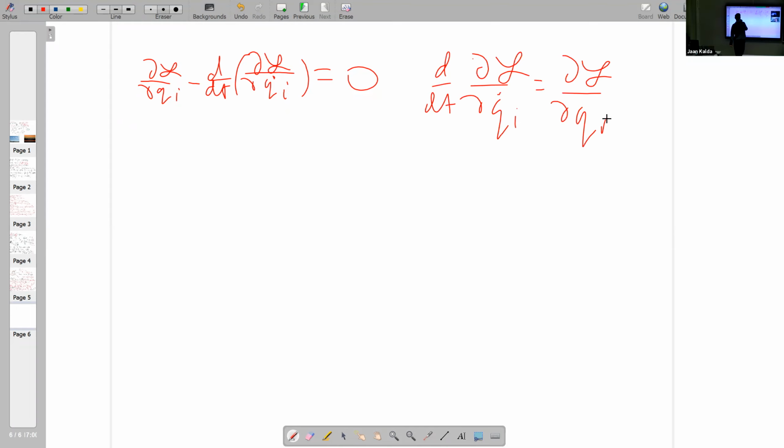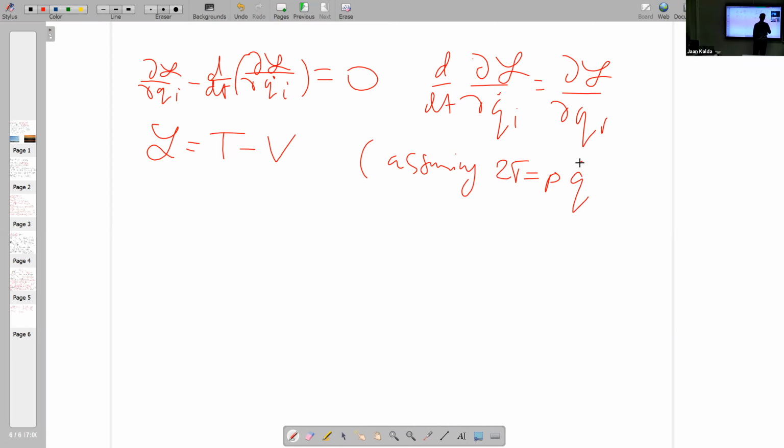And you need to keep in mind that our L was equal to T minus V. But that T minus V was assuming that T equals P times q dot, which is valid only for classical mechanics, only classical mechanics.